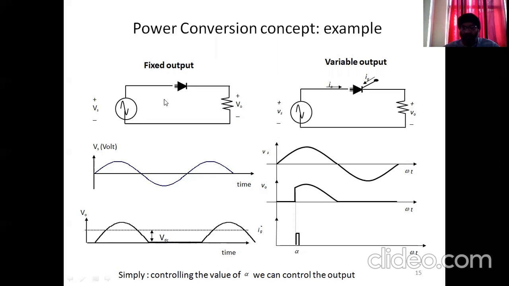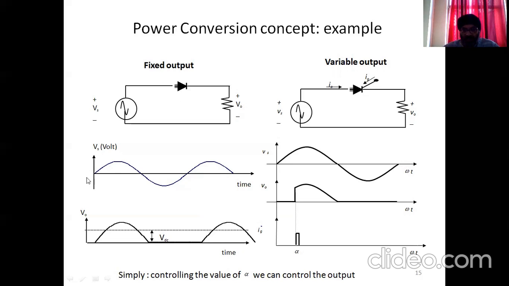Same, half wave rectifier. So for this, we have another device. Now we have a controllable input, a third input. By controlling this input, we can actually control the output. This is again the same sinusoidal input signal. From here to here, this device is not conducting.